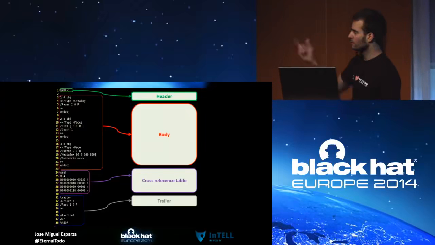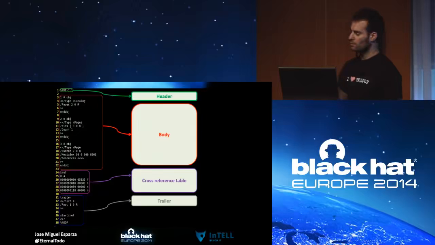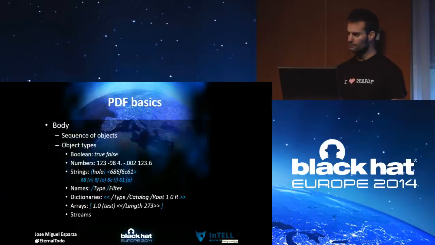And then finally you have the trailer, and the trailer will tell you, for example, what's the first object the PDF reader has to look at. That's called the catalog, but I will talk about it a bit later.